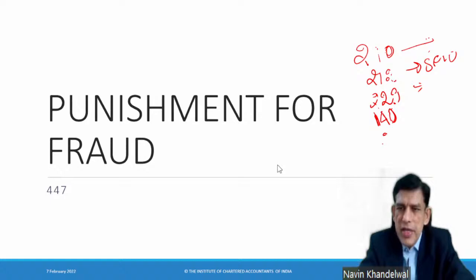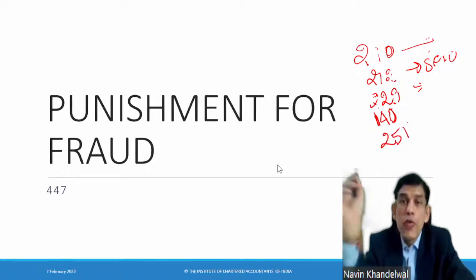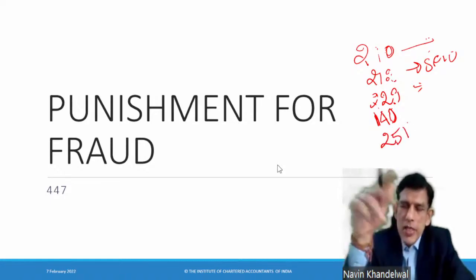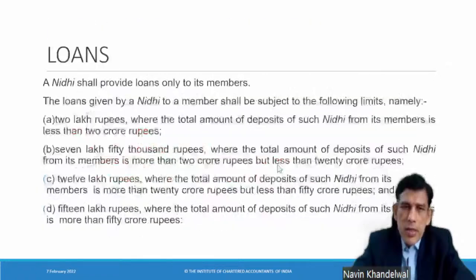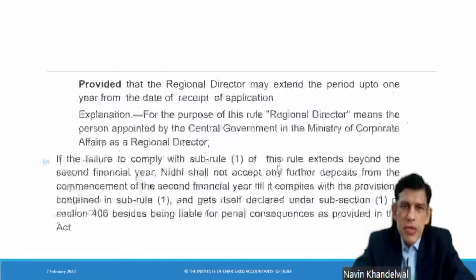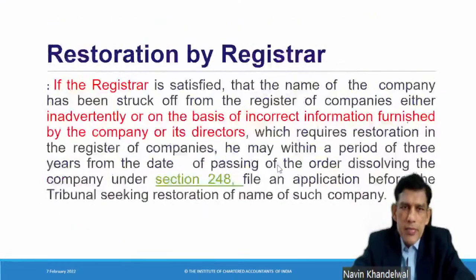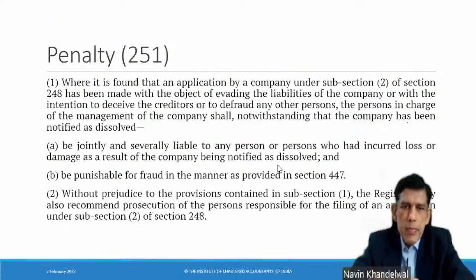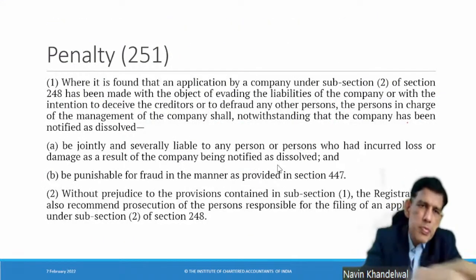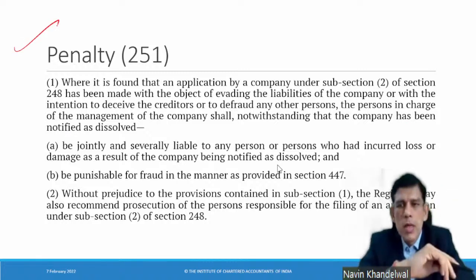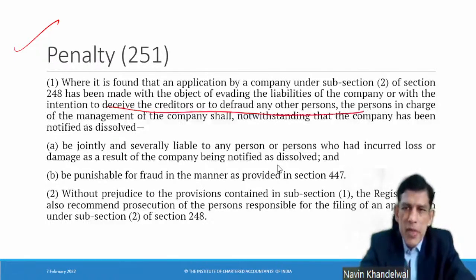Again, we have studied in our previous lecture section 251 for the strike off of companies. Just trying to recall 251, friends, the penalty: where you make an application for removing your name just to evade the liabilities and with the intention to deceive the creditors or defraud any other person.